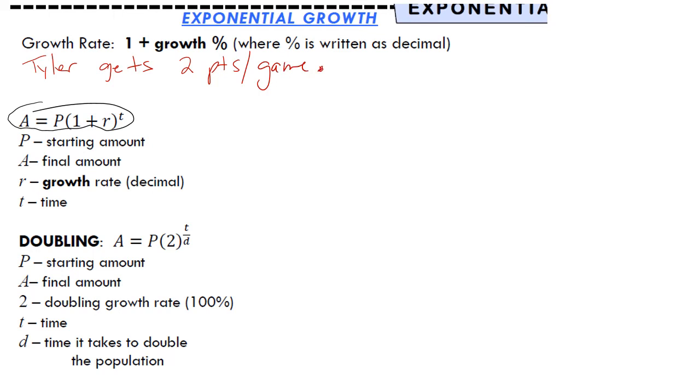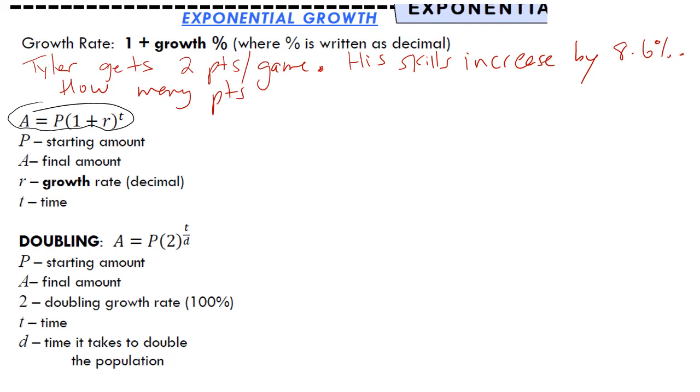We'll say he practices, and as he practices he gets better, and his skills increase by 8.6%. How many points will he get on the 12th game? Or I'll say 12 games from now.